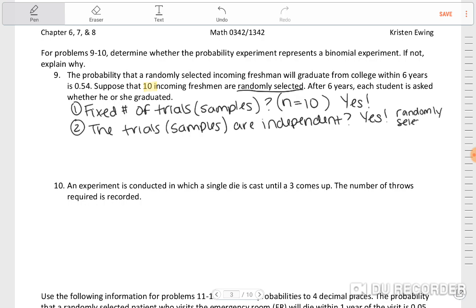Randomly selected. Okay, the third thing we're going to verify is that the probability of success on a single trial remains constant. So, probability is fixed. And yes, we have p equals 0.54.